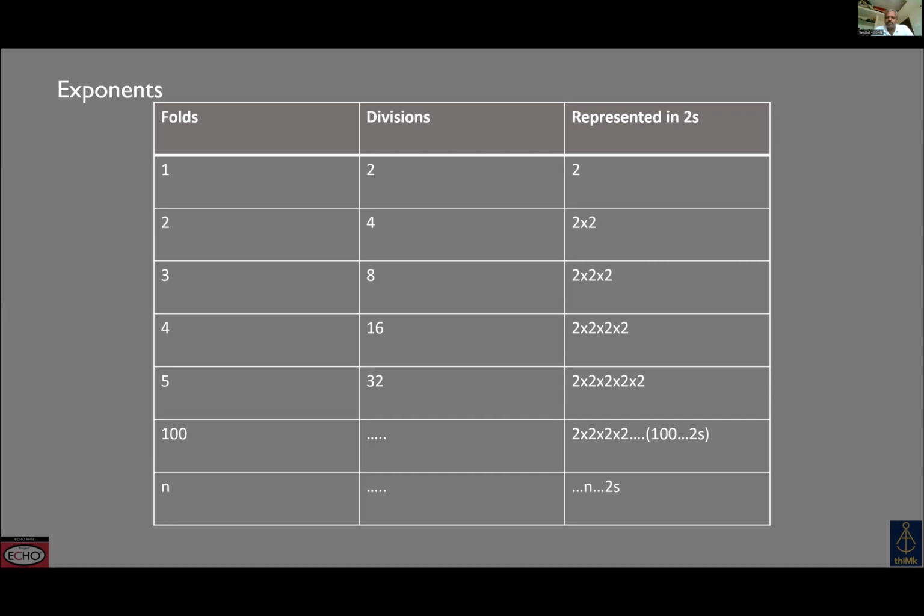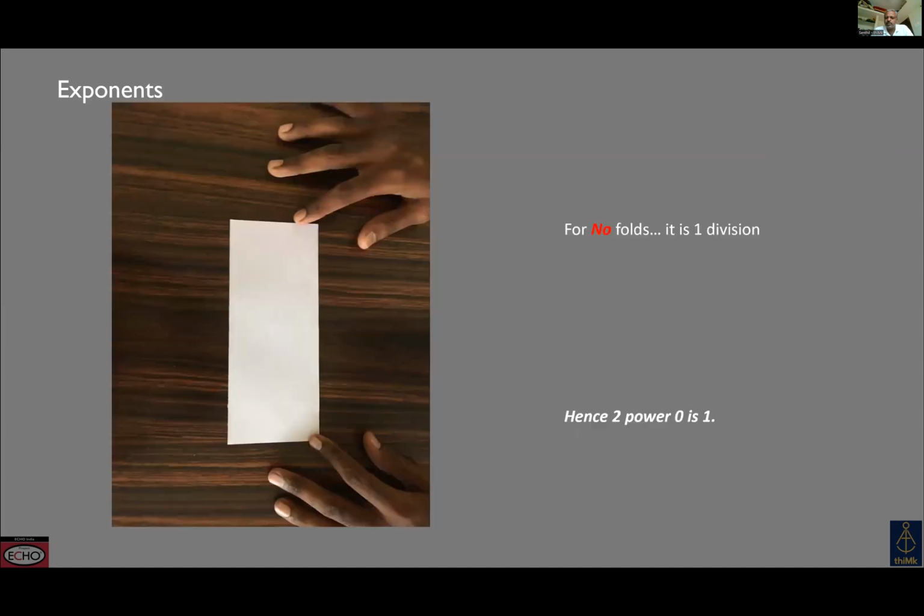So all this is great. There is one thing which is fascinating in this, which is the next slide. For 0 folds, for no folds, initially, it is just one whole division. It's like one whole portion. That's what it is.